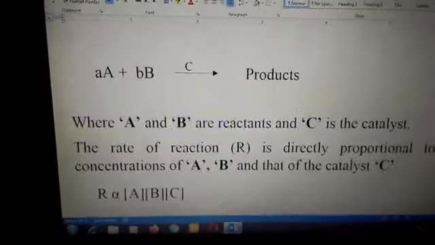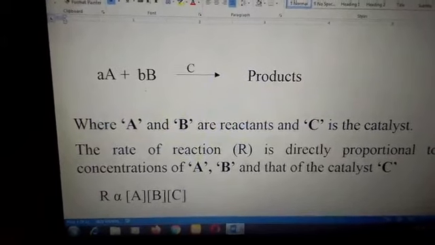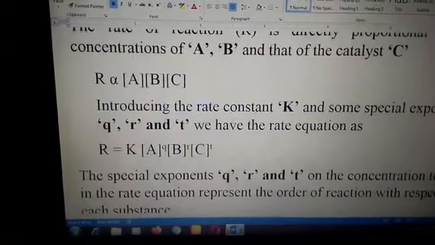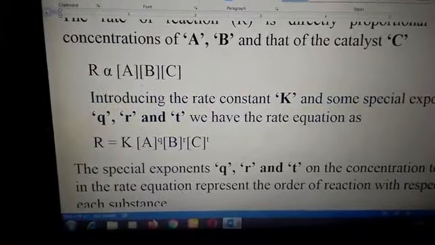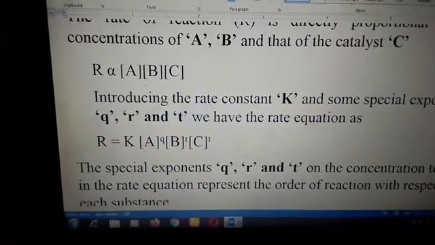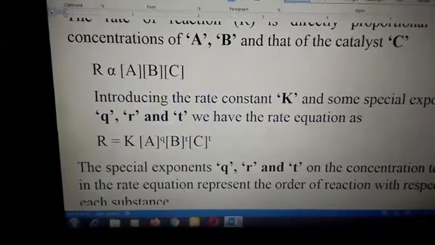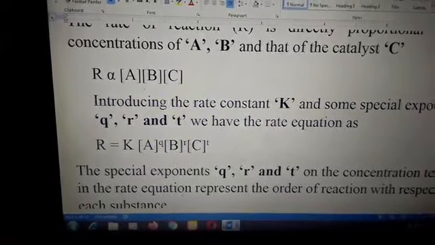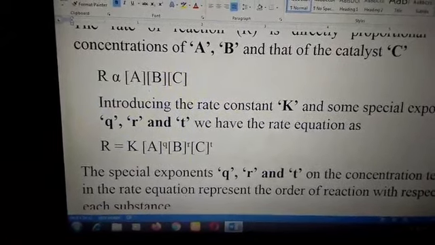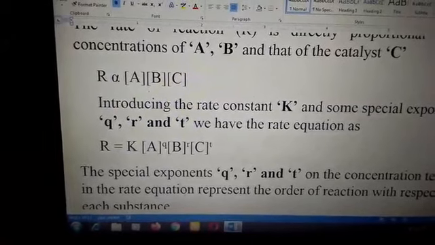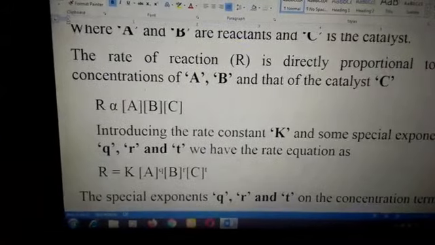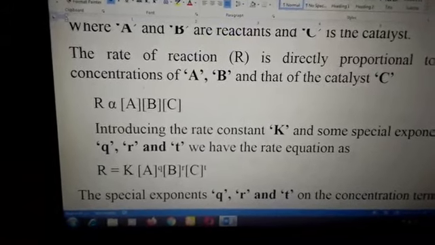It is different from the number of moles in the balanced equation. So small letter a and b are the coefficients or number of moles, and they did not appear in the rate equation. What you have, the powers which A, B, C are raised to, are the order of reaction, different from the stoichiometric coefficients. So order of reaction is a different thing obtained by experiment. So we don't use stoichiometric coefficients in determining the actual experimental rate equation, unless you are talking about a theoretical rate equation.